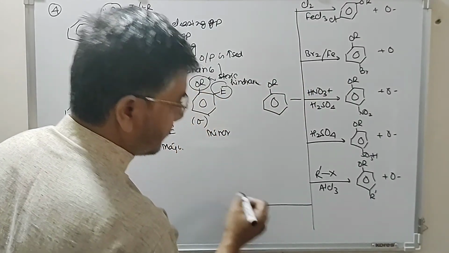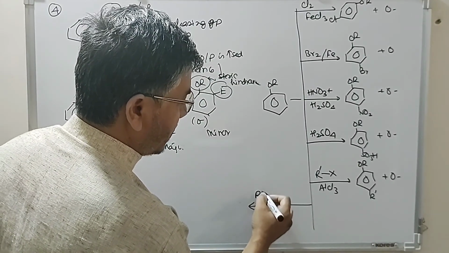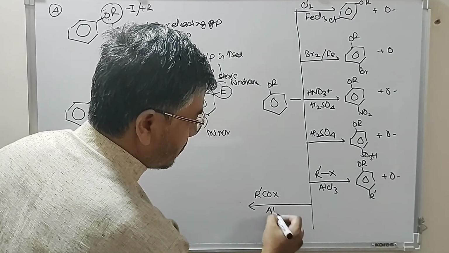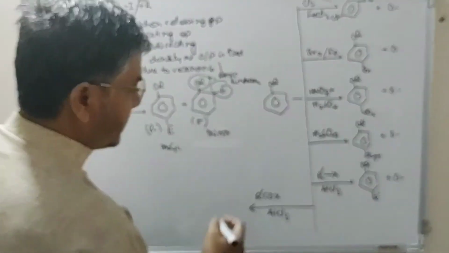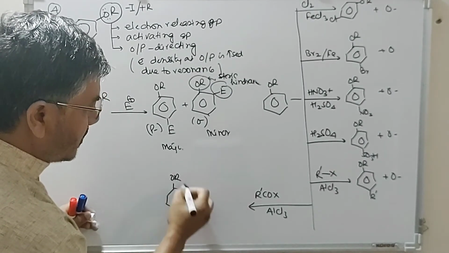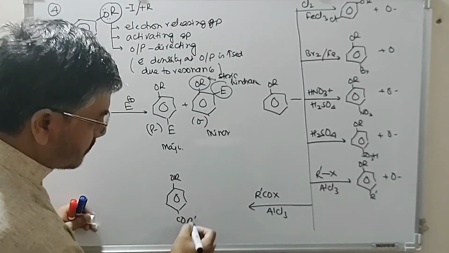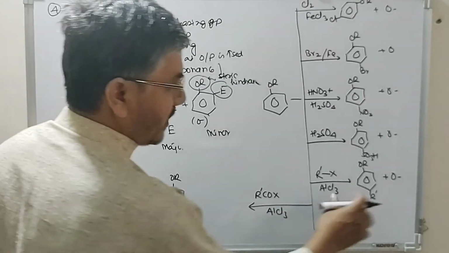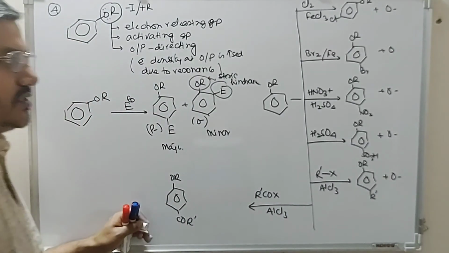Then we have R prime COX acylation in presence of AlCl3, which gives you acylation at ortho and para position. These two reactions are known as Friedel-Crafts. This is alkylation, this is acylation reactions.